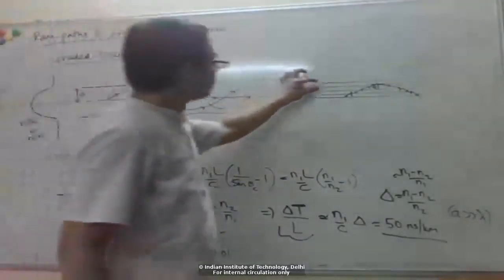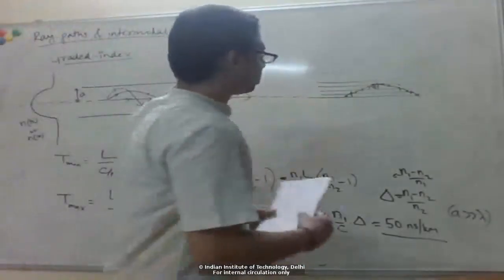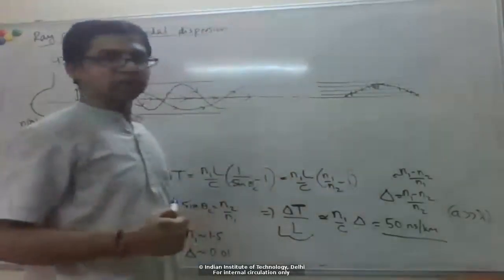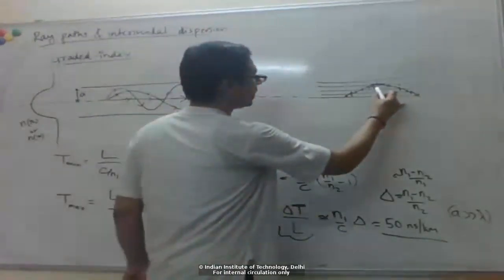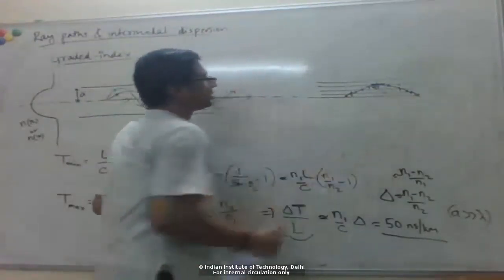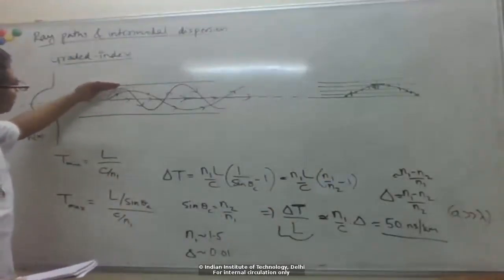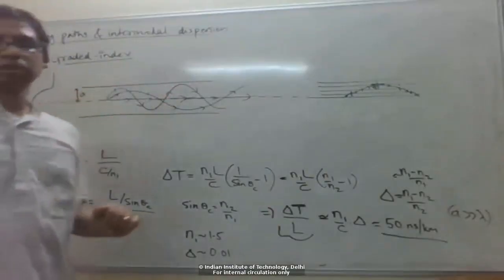In the continuum limit, the refractive index is varying continuously. So this theta c, recall, is sine inverse n2 by n1, and n2 is almost equal to n1. So this theta c is basically just 90 degrees, right? So when it becomes tangential, or parallel to the axis, then it turns back.